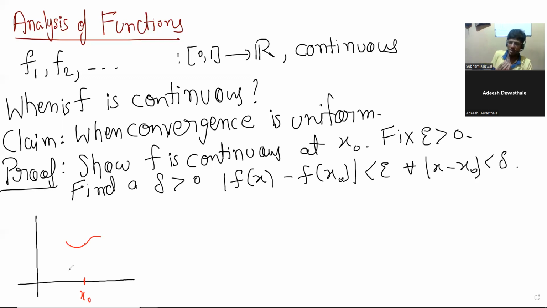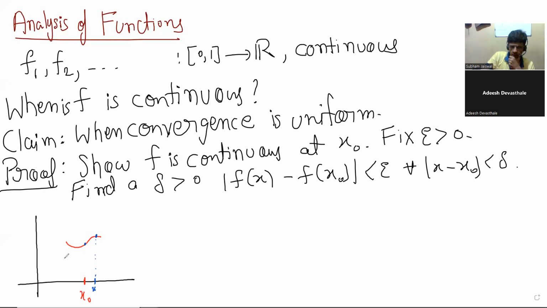Now you have to use the fn's somehow. It's like a right angle triangle. Can we use that kind of a thing? A right angle triangle.